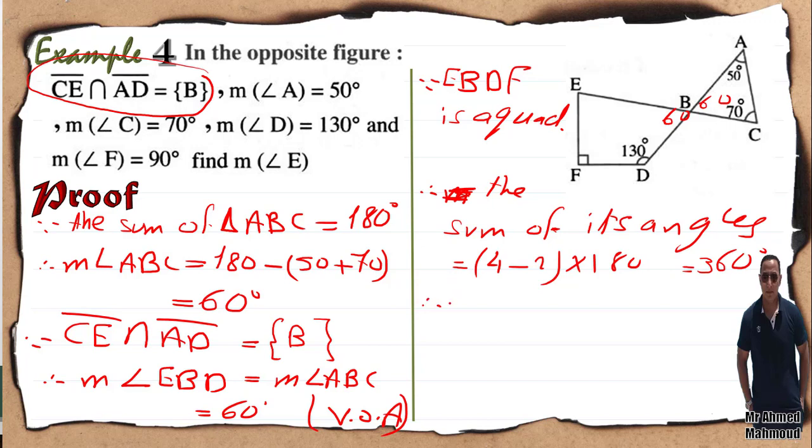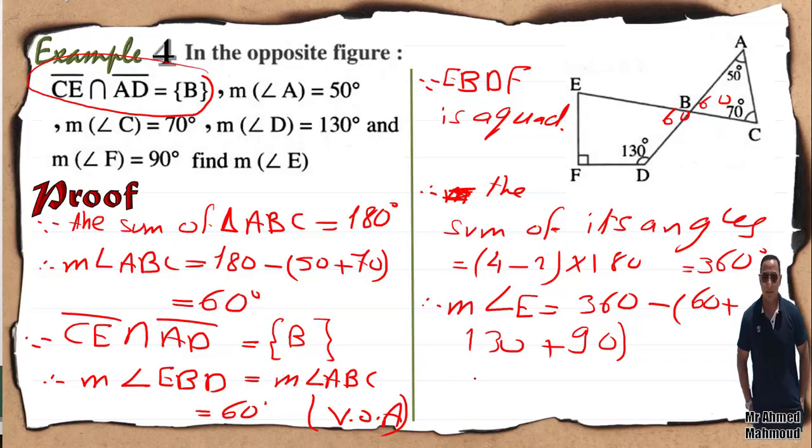Therefore measure of angle E equals 360 minus (60 plus 130 plus 90) equals 80 degrees.